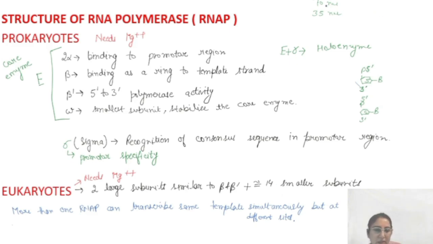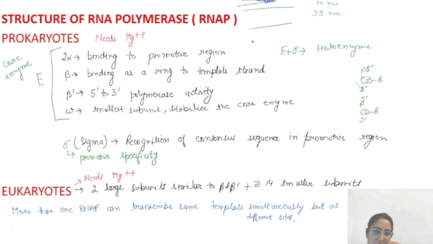See, this is one chain, this is the other strand of the DNA molecule, this is the RNA polymerase, and it will keep on transcribing the RNA molecule like this. Suppose this is the enzyme and this is the RNA chain that is being made.